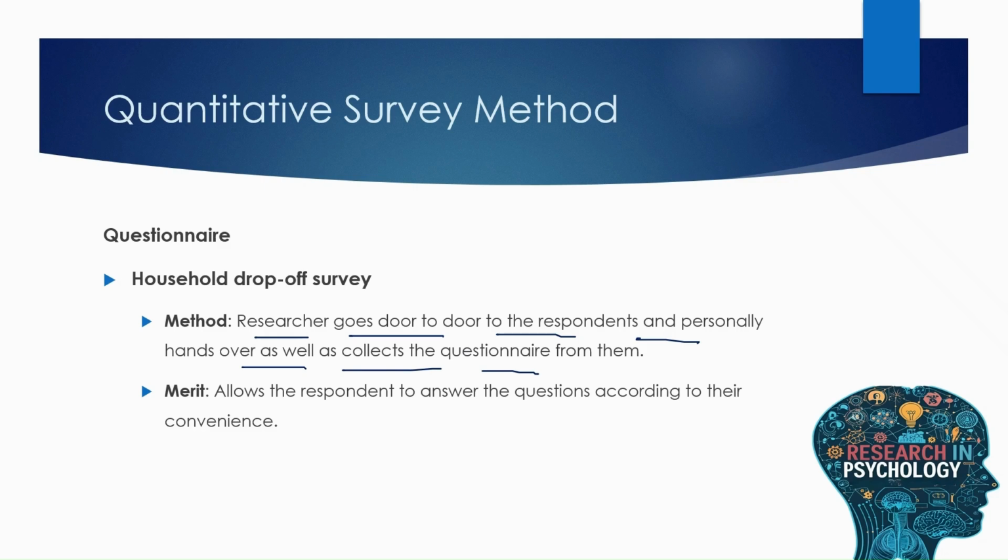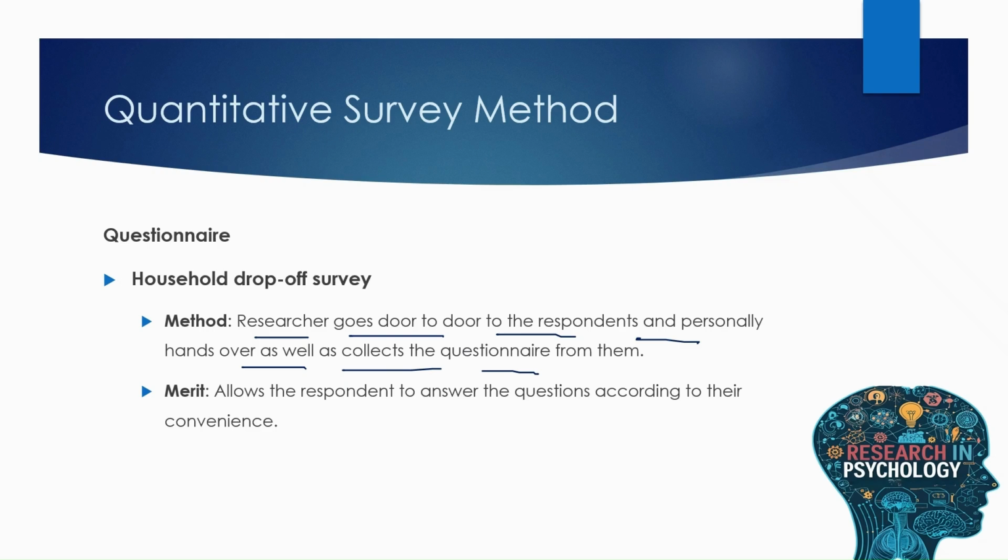That's the most common response that we give, or maybe just slam the door on their faces, right? So yeah, this is the biggest drawback of this method. So if the researcher is going door to door to the respondents and personally handing over the questionnaire and collecting it back, the researcher may not get the desired response, right?